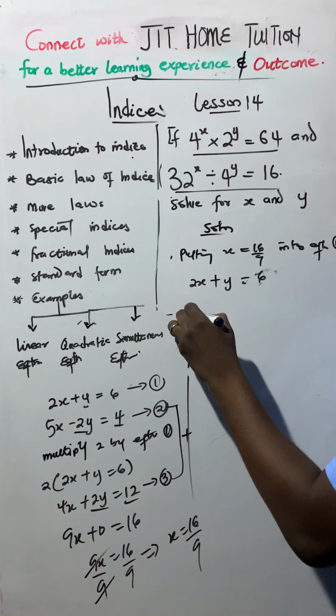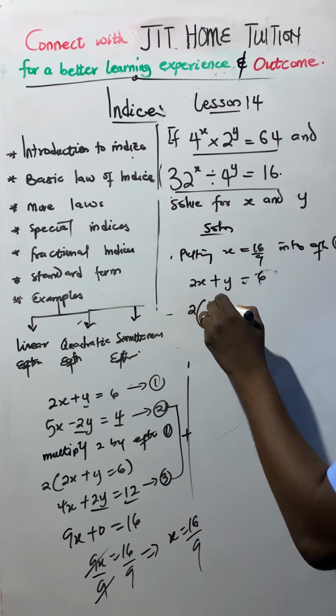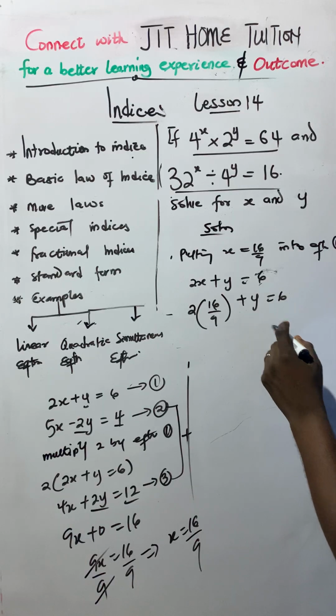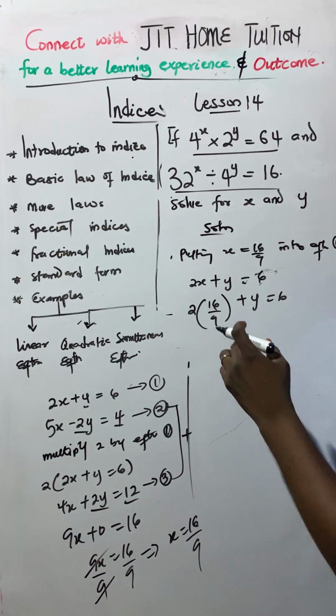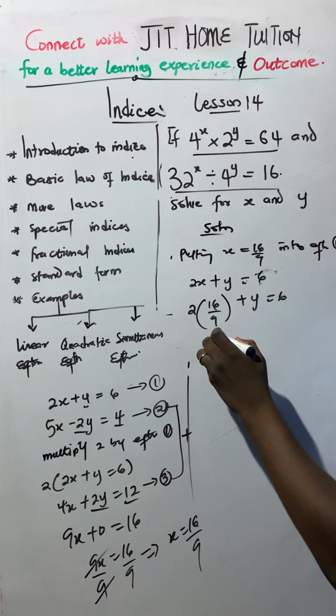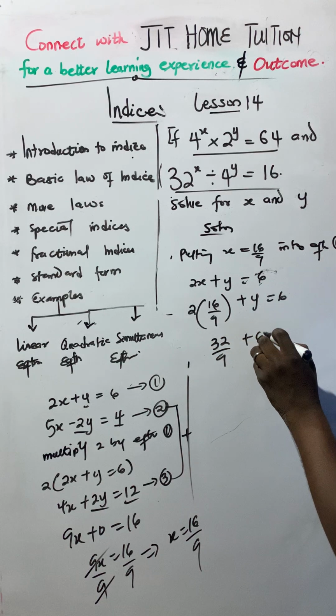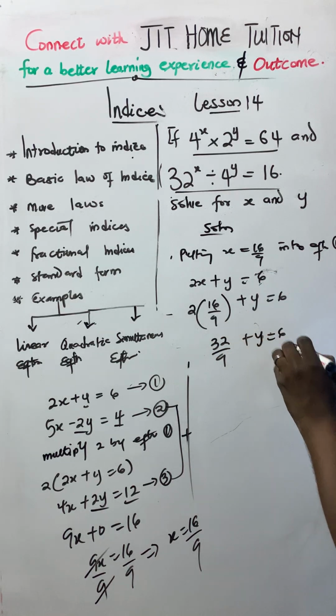So what is x? You have 2 into bracket 16 on 9 plus y equal to 6. So from here, what you are going to do is to multiply through. What do you have? You have 32 on 9 plus y equal to 6.